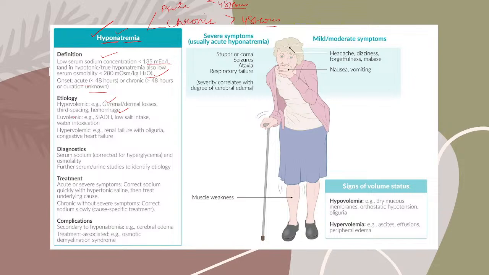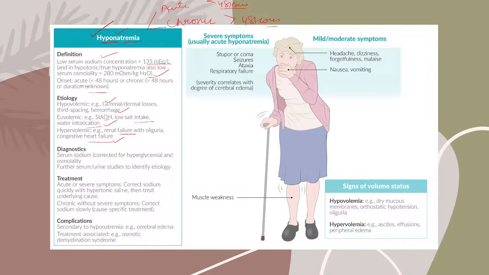Then euvolemic, in which the concentration of solute and solvent is equal, for example, in SIADH, that is syndrome of inappropriate antidiuretic hormone, then low salt intake and water intoxication. In all these conditions, there would be euvolemic hyponatremia. Then hypervolemic, for example, in renal failure with oliguria and congestive heart failure.